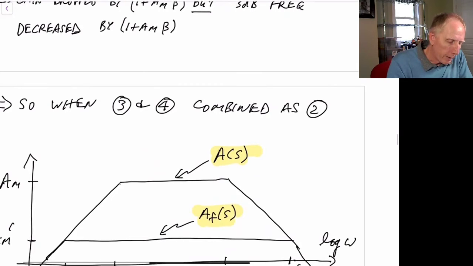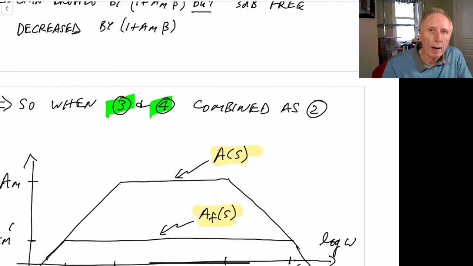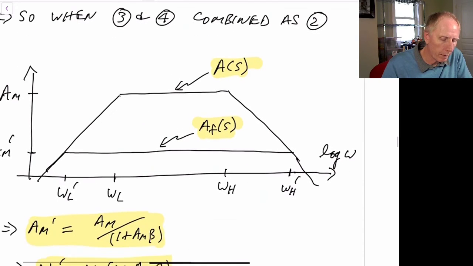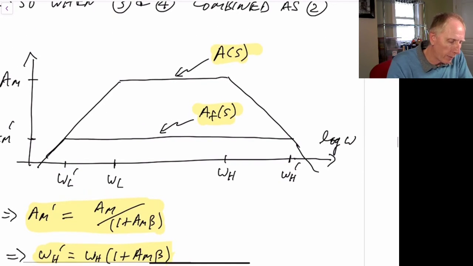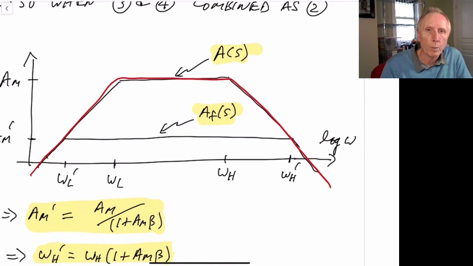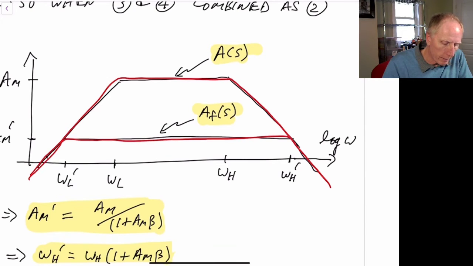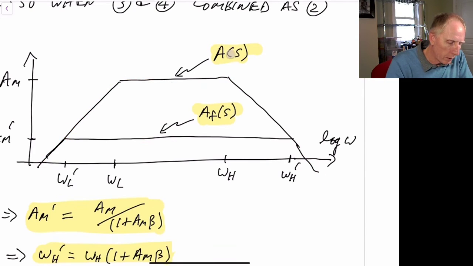So if you combine 3 and 4, both the high pass and the low pass together, if we had done equation 2, what we'd see is if the original amplifier looked something like this, when we put it into a feedback system, the feedback system would look something like this. So we would see a drop in our midband gain, divided by 1 plus A_m times beta.